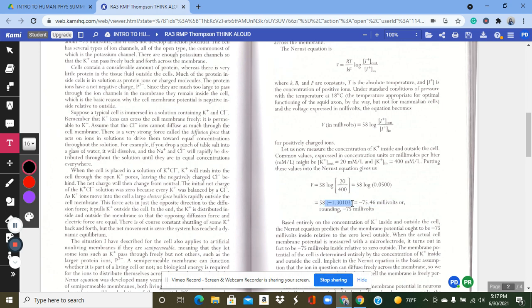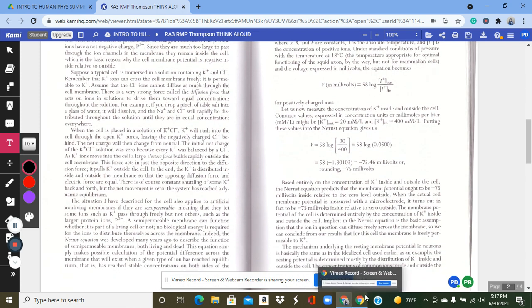Okay, where did this come from? Oh, okay, they got it. So it's equal to negative 75 millivolts when rounded off.